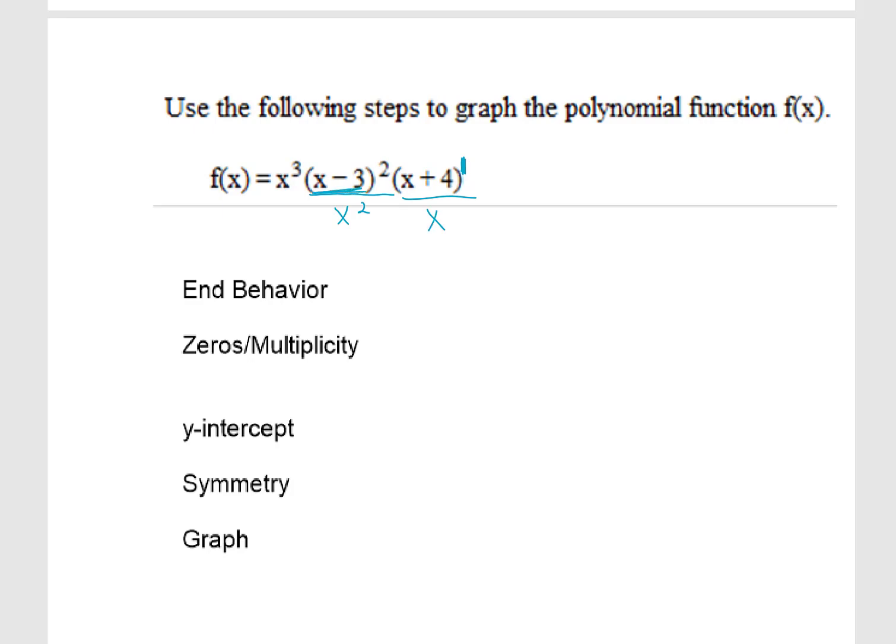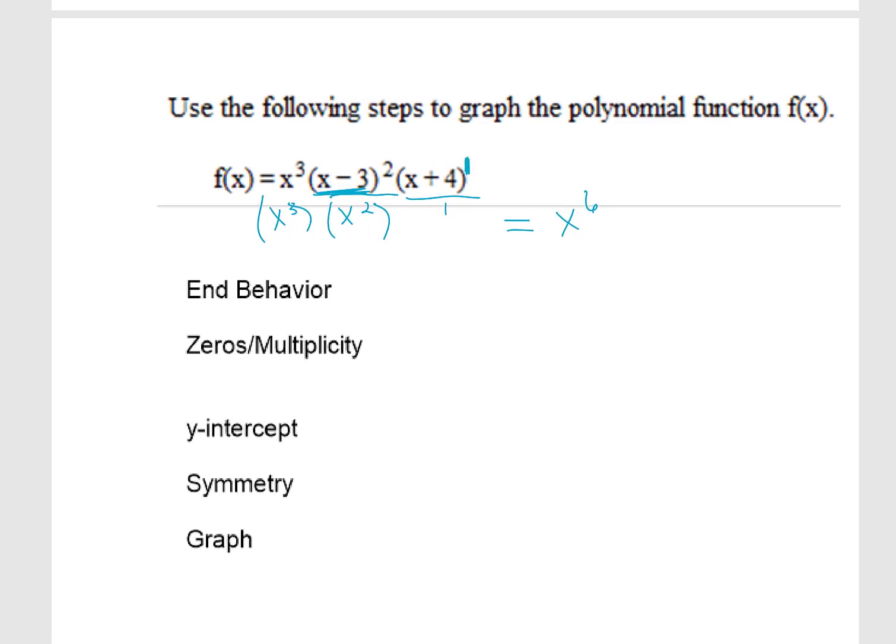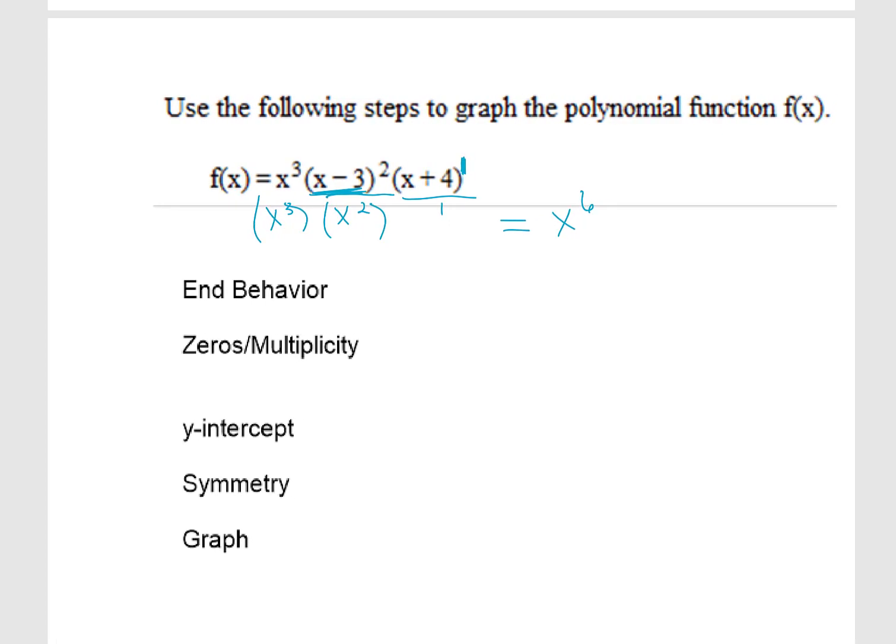So if I FOIL this x minus 3, and then this one's x cubed, if I was just to multiply those, I'm going to get x to the 6. Now, I didn't take into consideration anything else besides my variables because remember, I'm only worried about the power of my leading coefficient. Oops. I meant to erase that. So it actually has a power of 6. A degree of 6, excuse me.